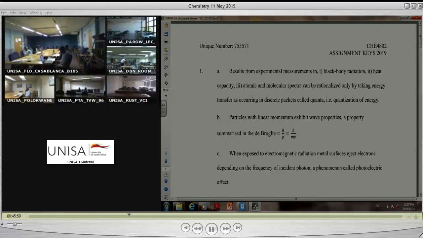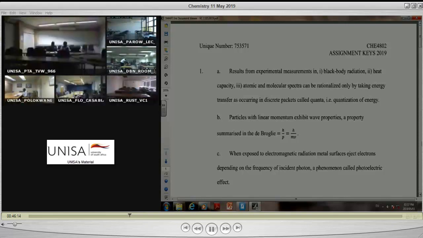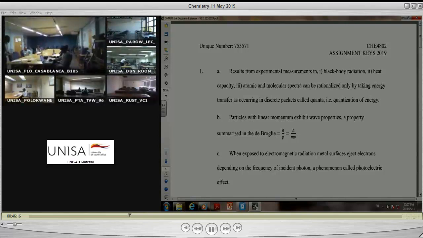Now, the question here is to calculate the percent change. What does percent change mean? Percent is out of 100.